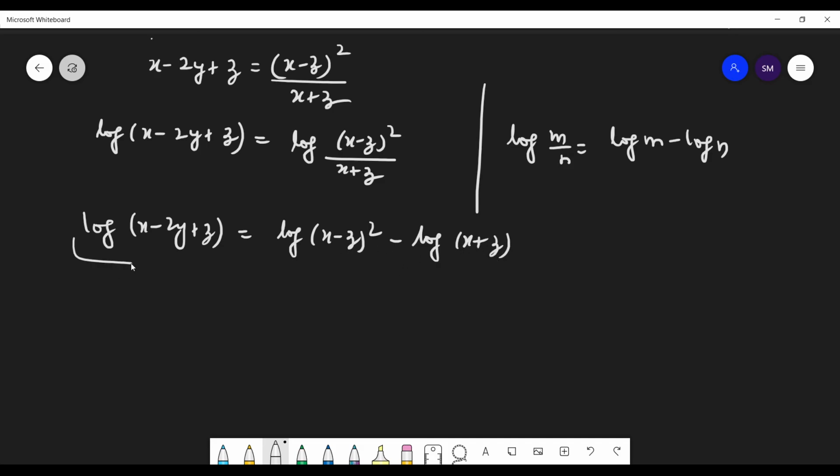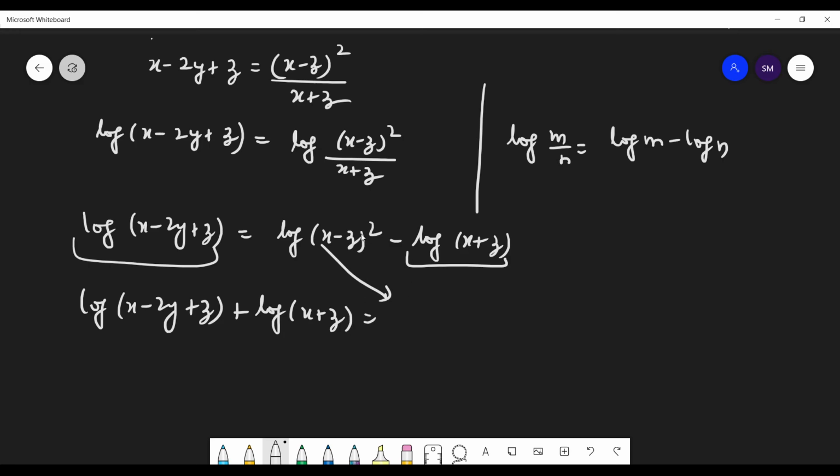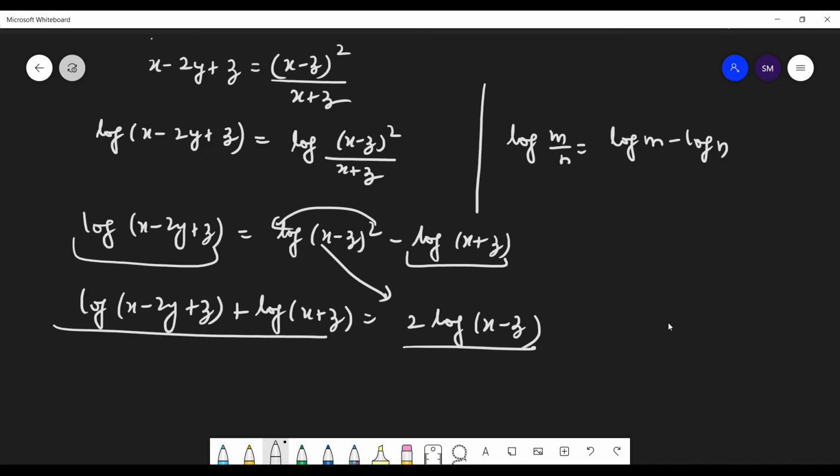This actually you have to find this plus this. So this minus will go that side and will become plus. So that will be plus log x plus z. And this will be written as 2 log x minus z. So this is what you need to find. This is the answer.